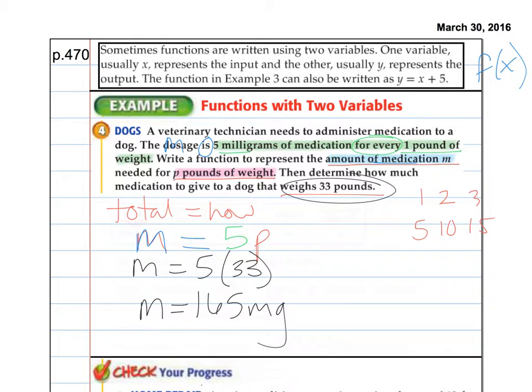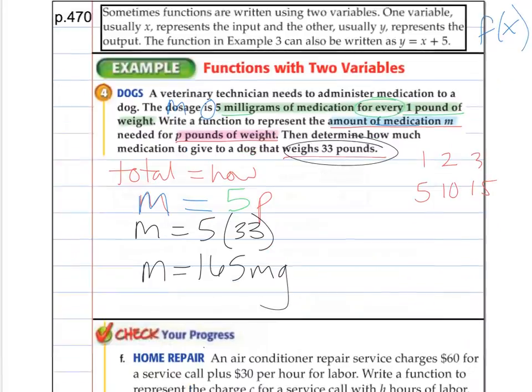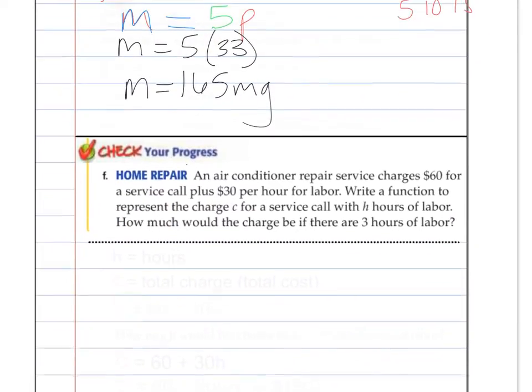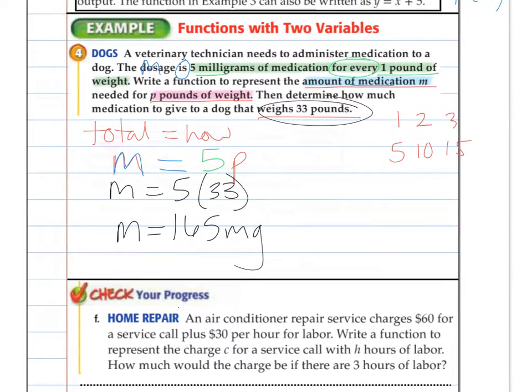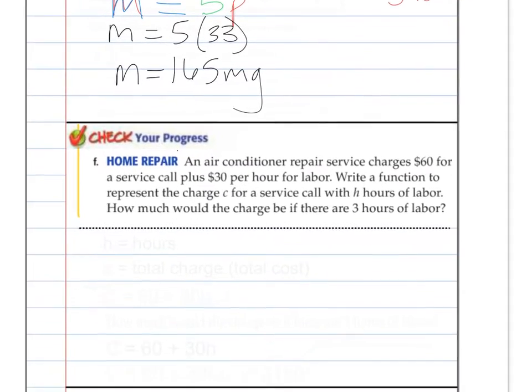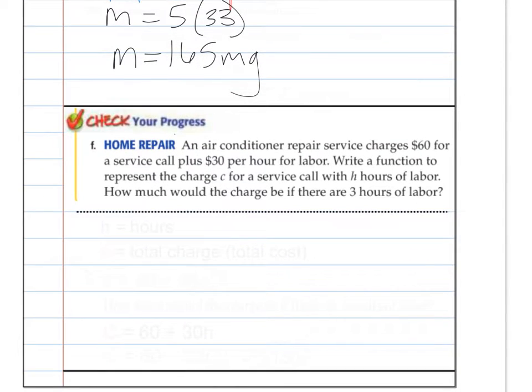So those are a little tricky, but you can do it. Don't sell yourself short. So one more. Pause here if you're willing and able, and I think you are, to give this one a go, for home repair. An air conditioner repair service charges $60 for a service call plus $30 per hour for labor.